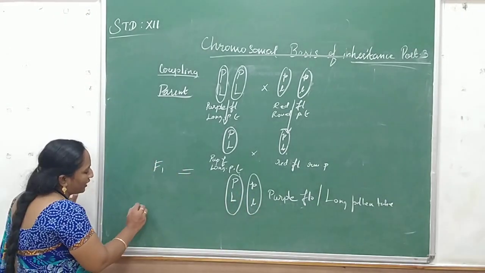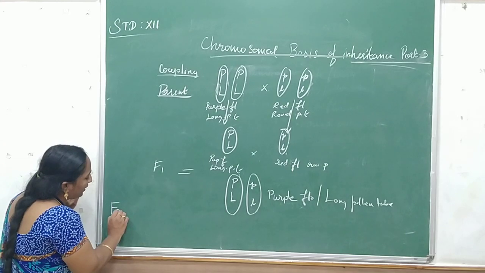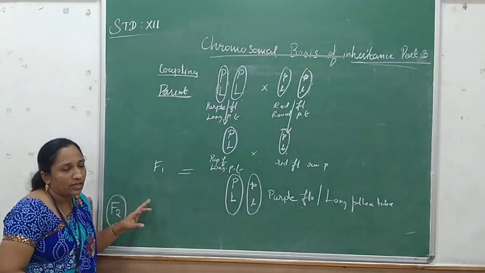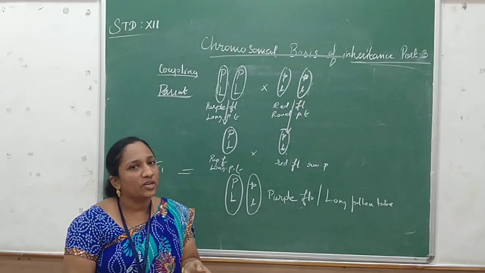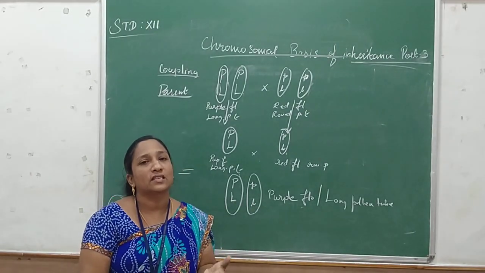All the gametes will be having the similar physical property. And for the F2 generation, here they are doing a test cross. What do you mean by test cross? The F1 generation hybrid is crossed with the recessive parent.